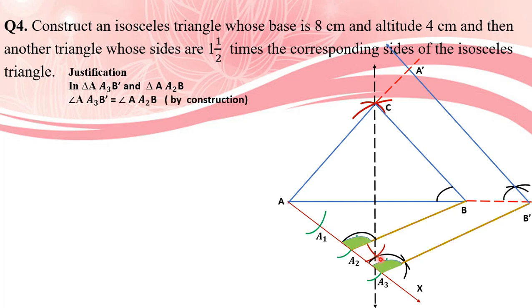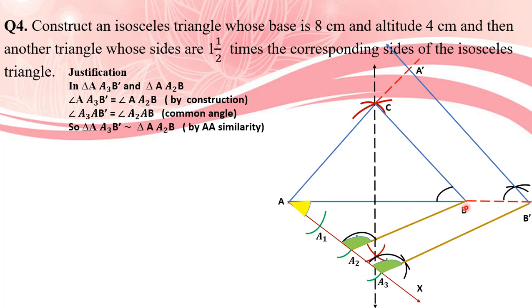So we can say these two angles, AA3B dash and AA2B, are equal. Similarly, angle A is a common angle for both the triangles. So by AA similarity, triangles A3B dash and A2B are similar.